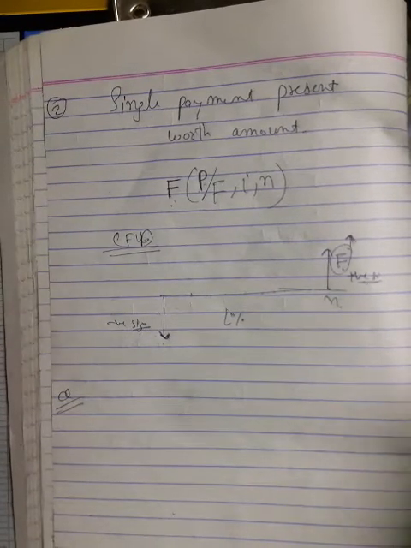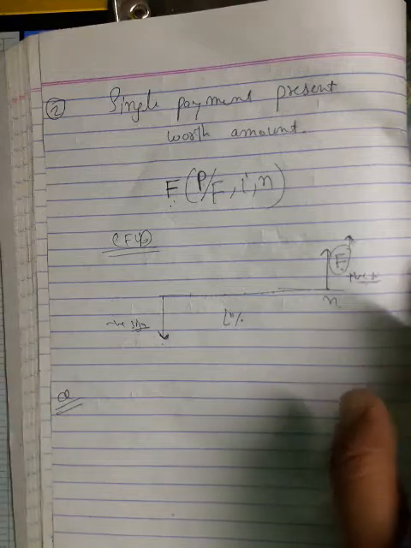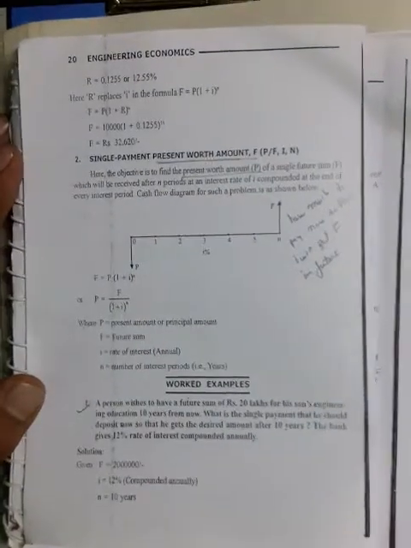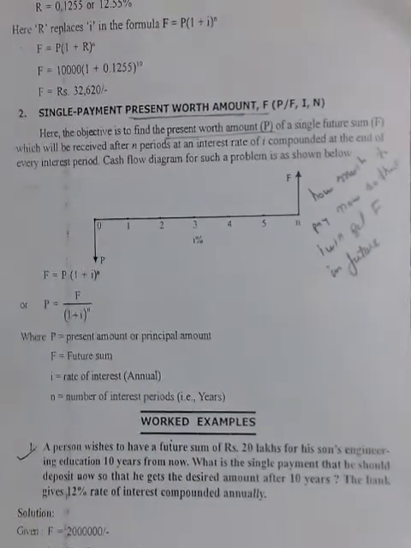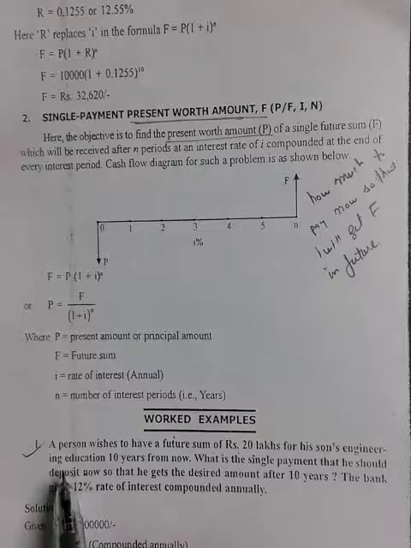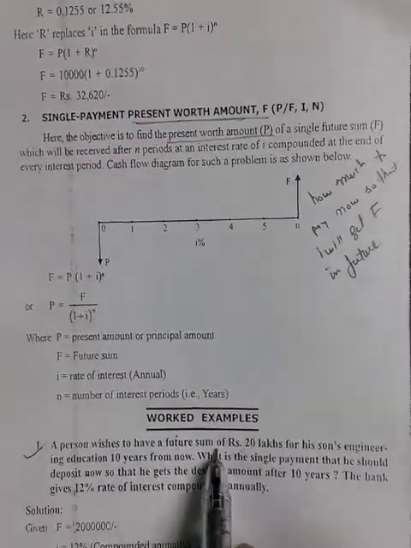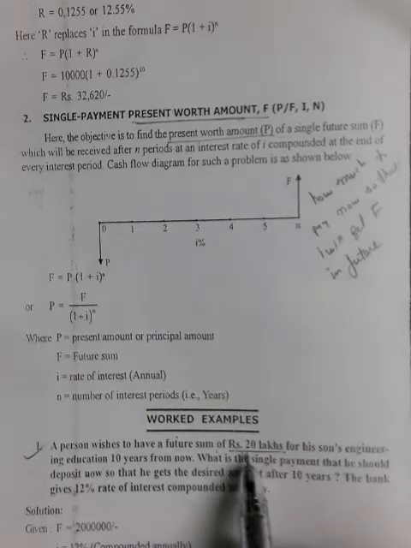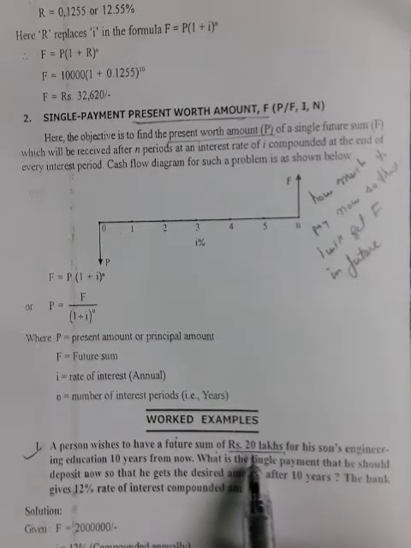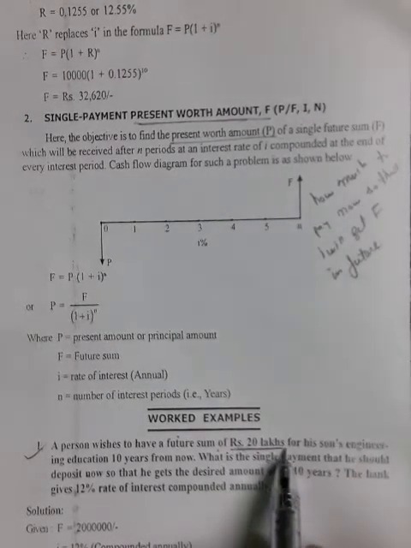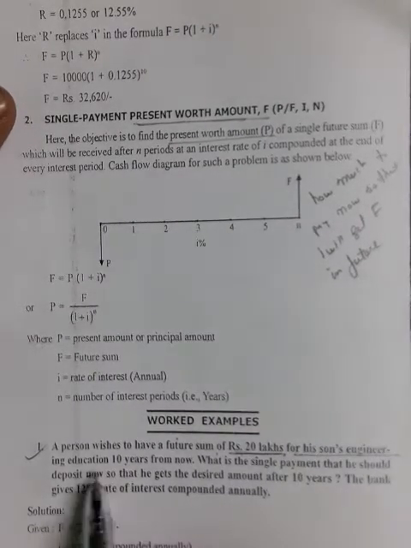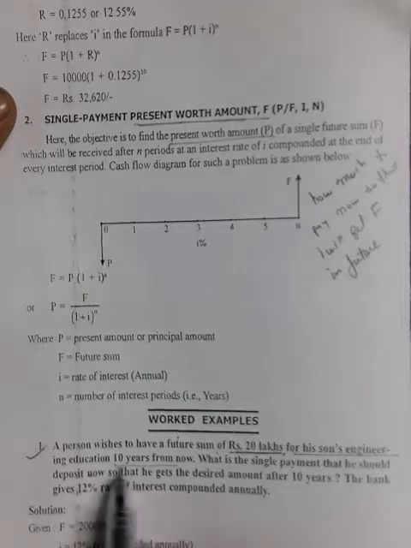Now let's solve one problem on this topic. Let's go to the book. Here it says that a person wishes to have a future sum of rupees 20 lakh for his son's engineering education 10 years from now.